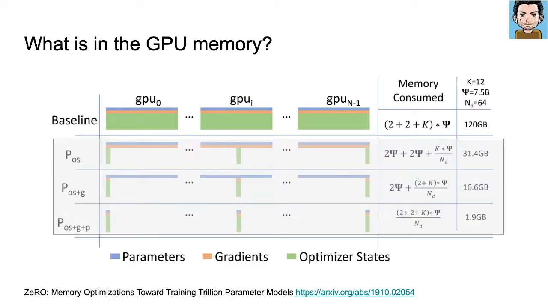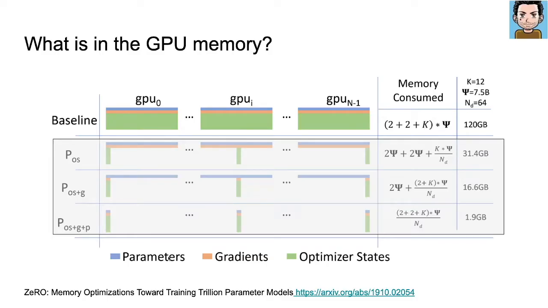This figure illustrates how our GPU memory looks like when using Adam Optimizer. In this figure, we are training a model with 7.5 billion parameters. We are doing so on 64 GPUs in parallel. In the first row, we are assuming that there is no sharding at all. The memory consumed will be 2 plus 2 plus k: 2 bytes for the parameters, 2 bytes for the gradient, and k bytes for the Adam Optimizer state.